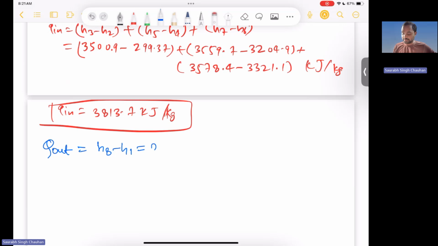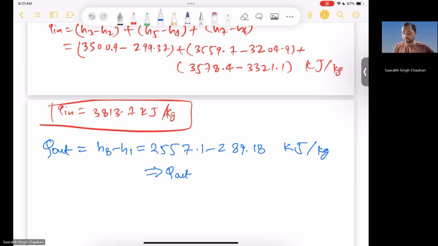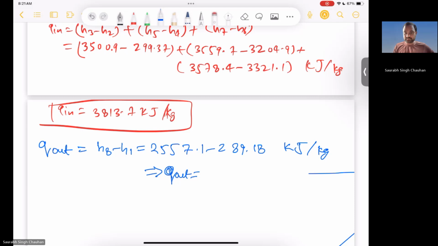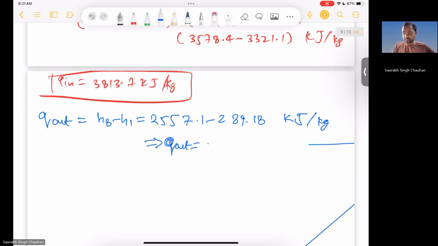Again, you will substitute the values and you will get this final value, 2267.9 kilojoule per kg.